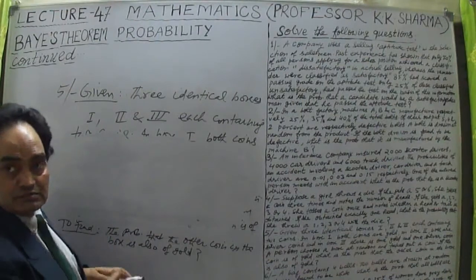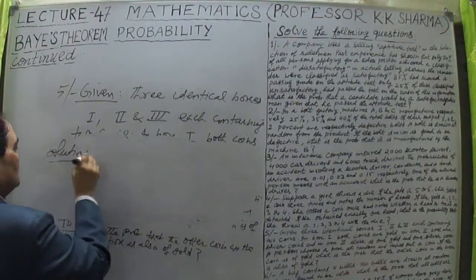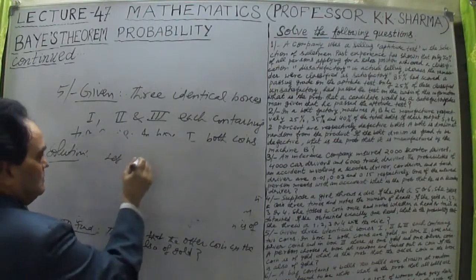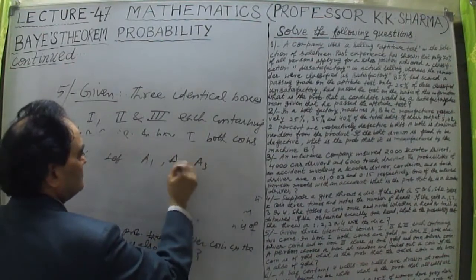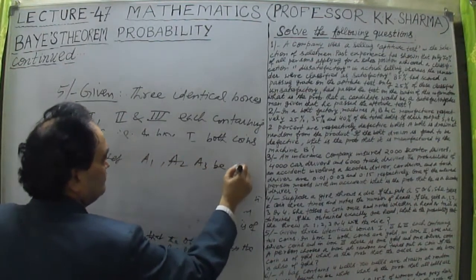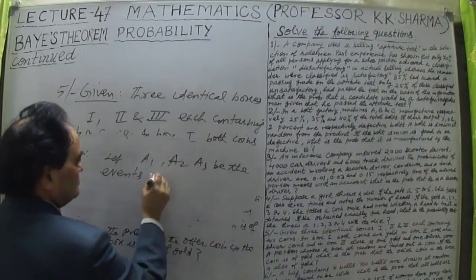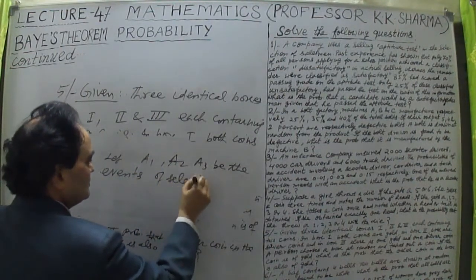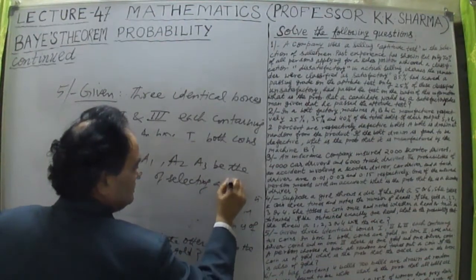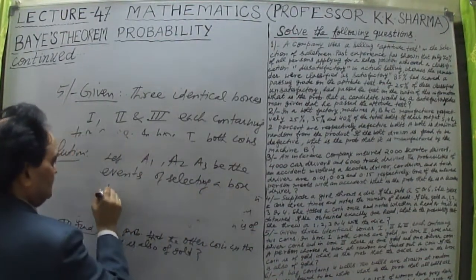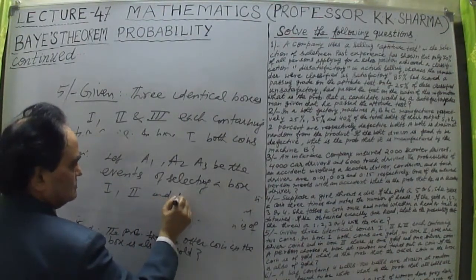Solution. Let A1, A2, A3 be the events of selecting the box first, second and third respectively.